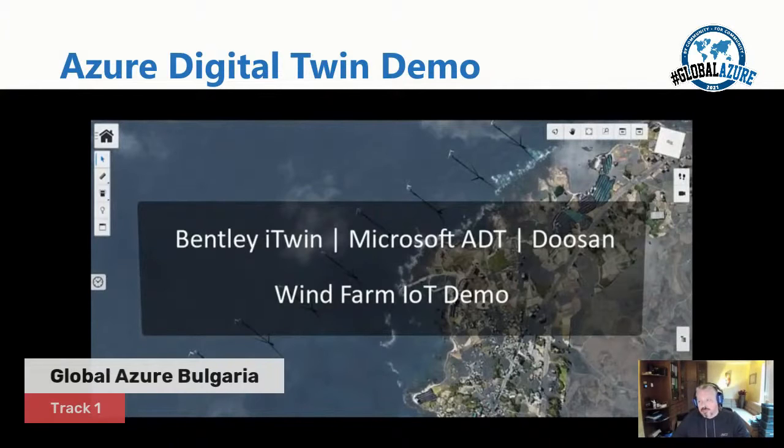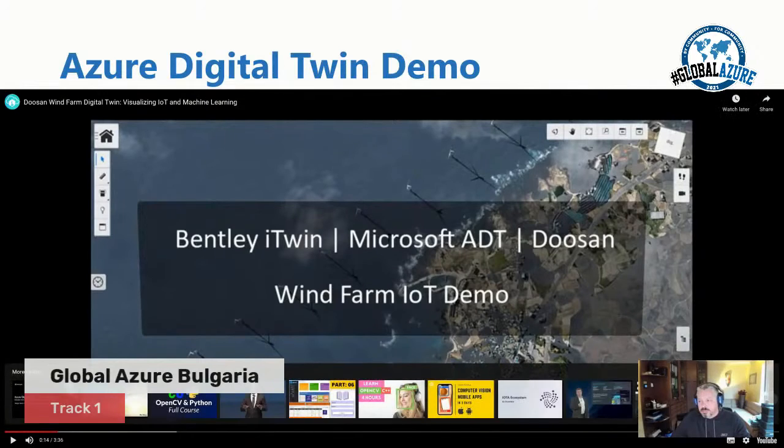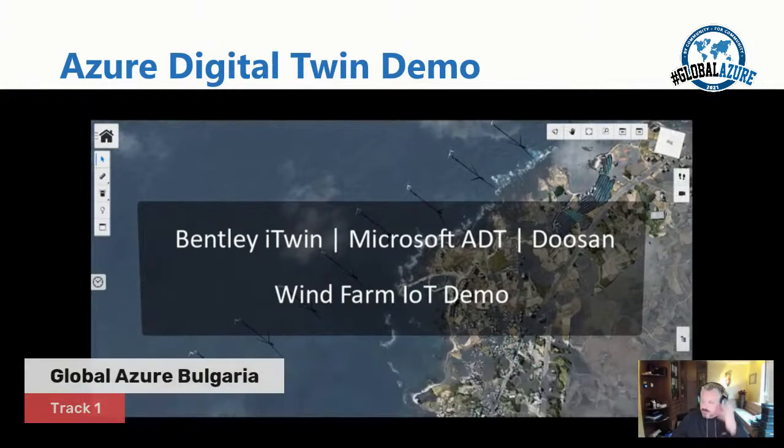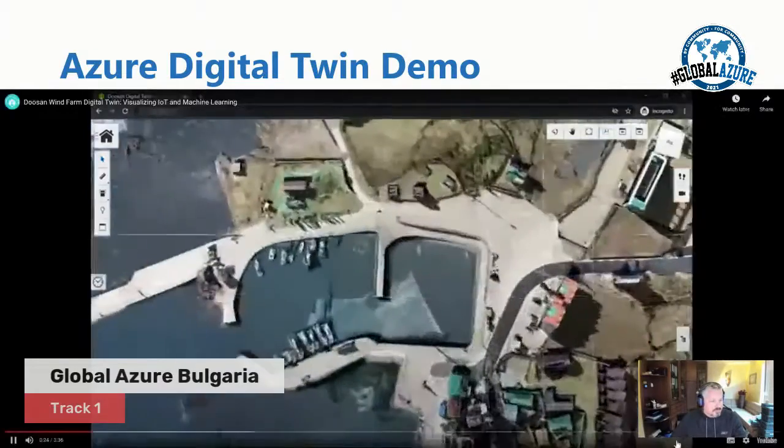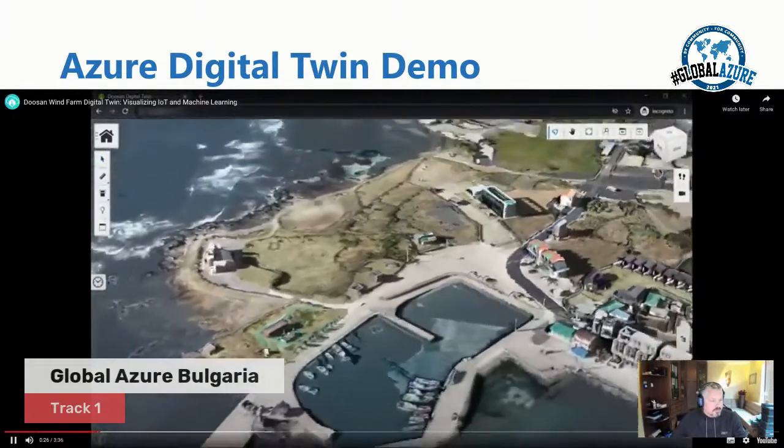Operations demo earlier this year. This also involves Azure Digital Twins and iTwin. And what this does is it allows engineers to monitor and predict right next to the wind farm.